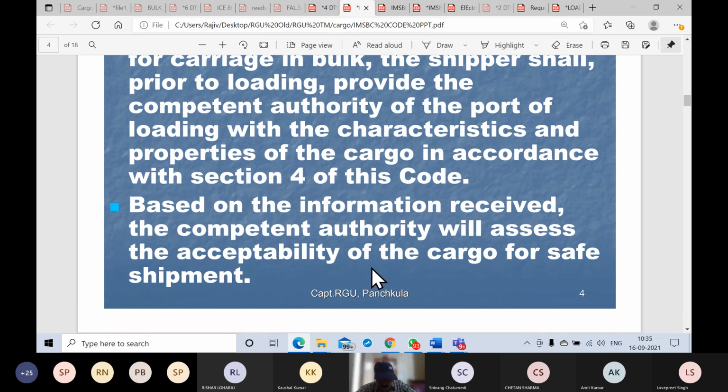Based on this information, the competent authority will assess the acceptability of the cargo for shipment, after the information for a cargo which is not listed in the code has been provided by the shipper. Get the point?